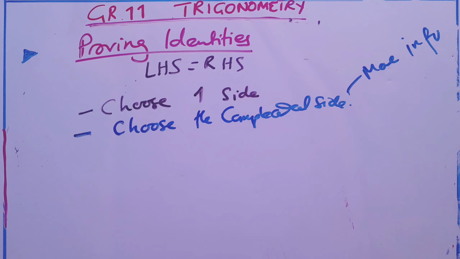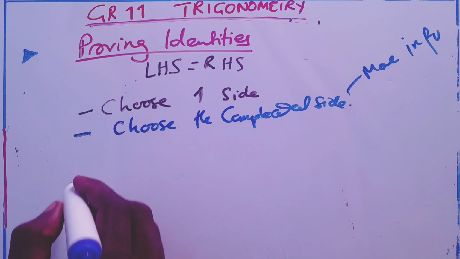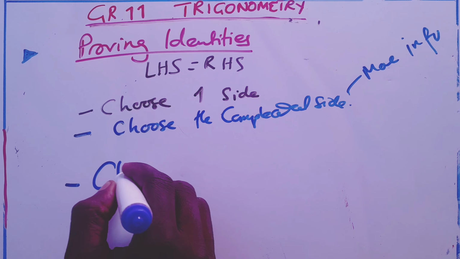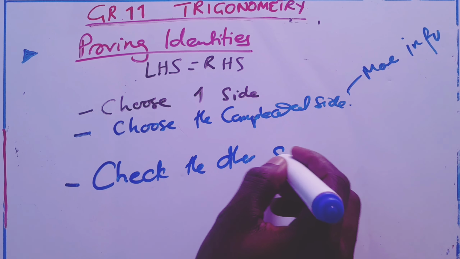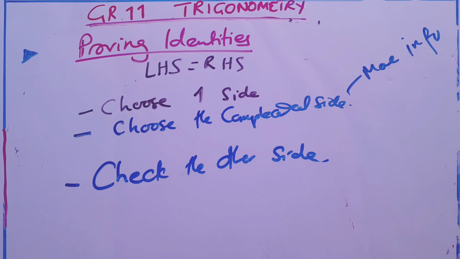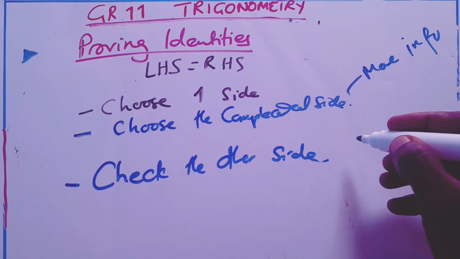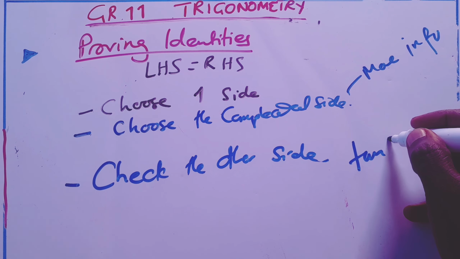And then, after taking the complicated side, now we have to check the side that we haven't chosen, right? Now you have to check the other side. So just like if your other side is saying maybe you have to prove that your left hand side is equal to tan theta.